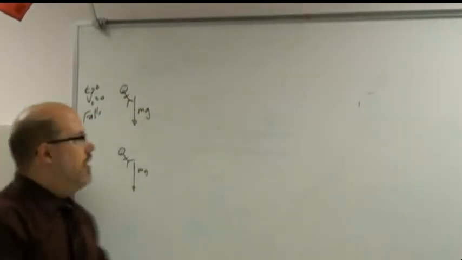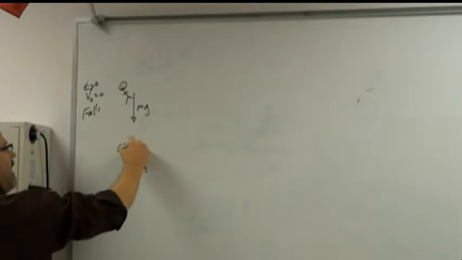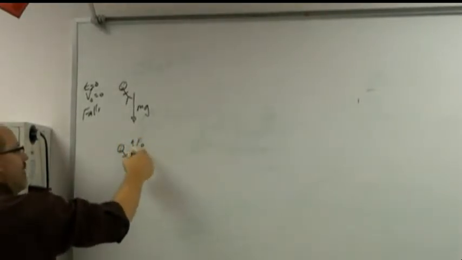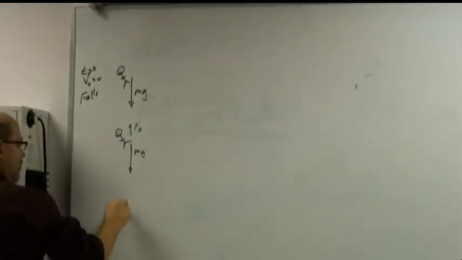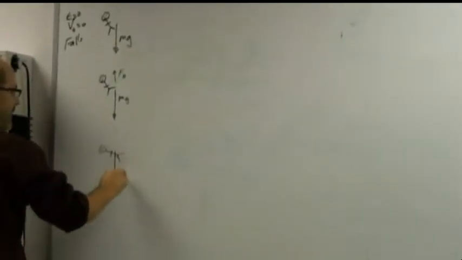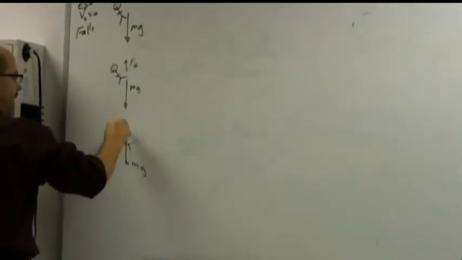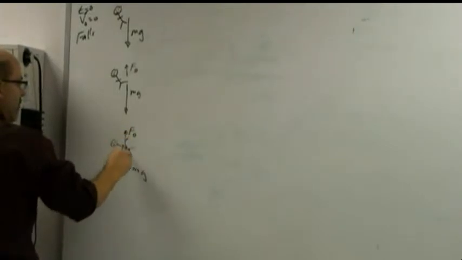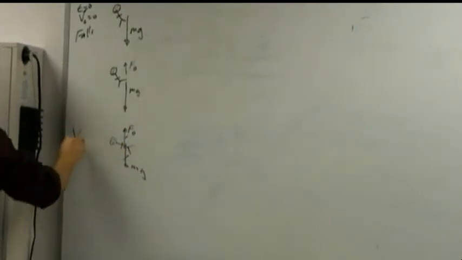Before it reaches terminal velocity, there's drag, but drag is less than mg. And then eventually mg and drag are equal, and that's when we reach terminal velocity. Now look, in each one of these cases, let's write F equals ma.